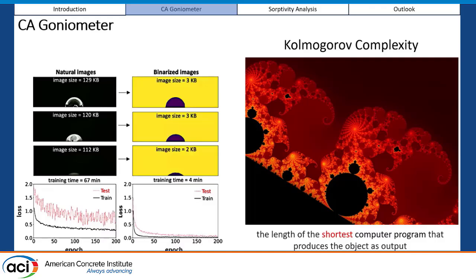So I simplified my image, and I binarized my data. So instead of 129 kilobytes of image data, now I have 3 kilobytes. Now each pixel has a value of either 0 or 1.